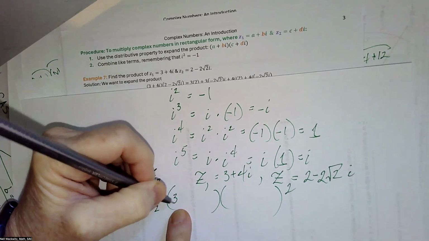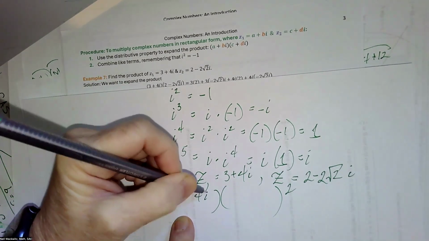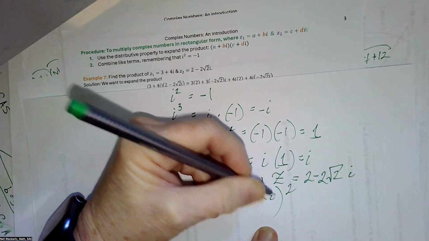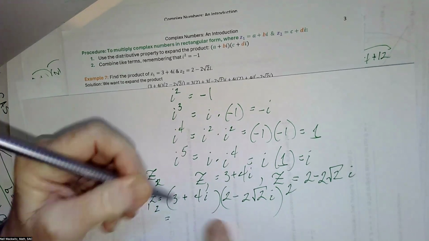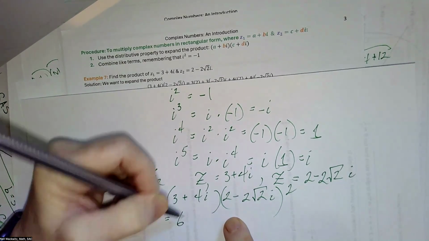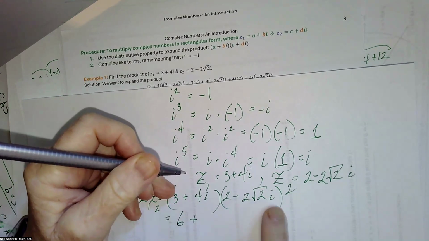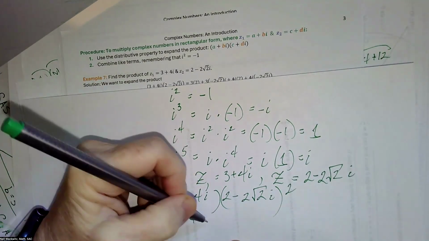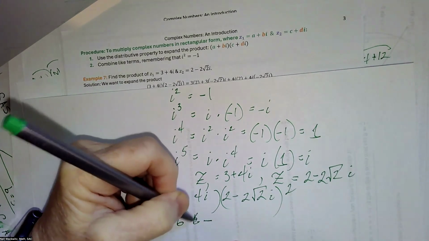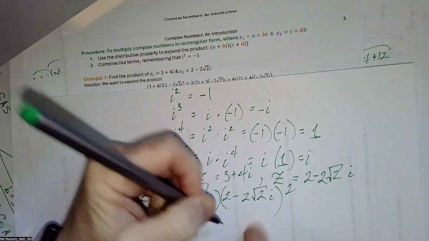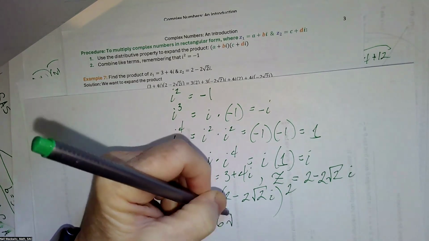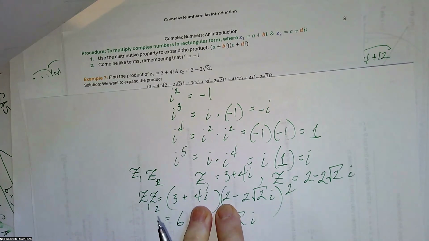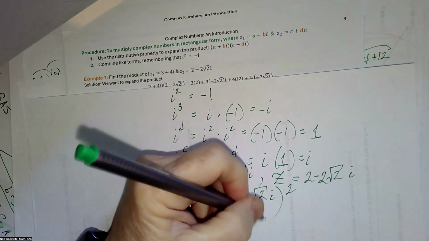We've got 3 plus 4i, 2 minus 2 square root of 2 i. 3 times 2 is 6. 3 times -2 square root of 2 i is -6 square root of 2 i.